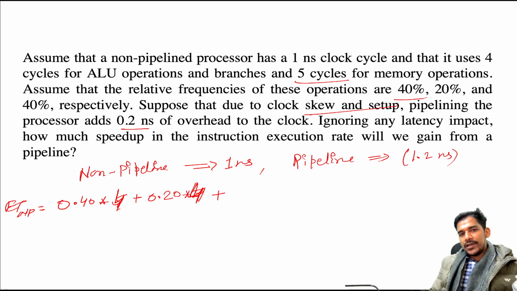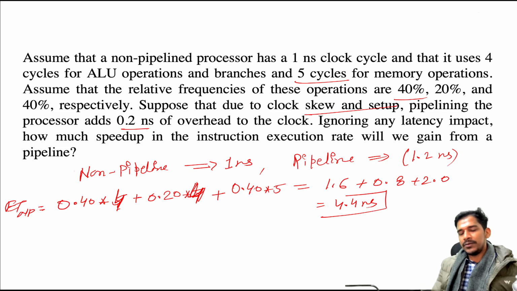And then we have the 40% of the instructions that are memory instructions, which take 5 cycles. That means the total time taken in case of non-pipelining processor will be 1.6 plus 0.8 plus 2.0, so 4.4 nanoseconds will be taken in case of non-pipelining processor.